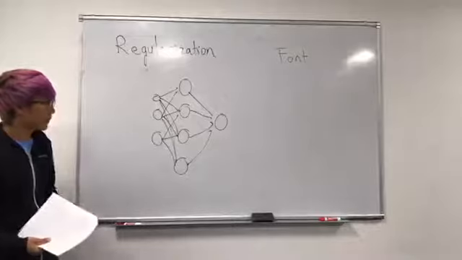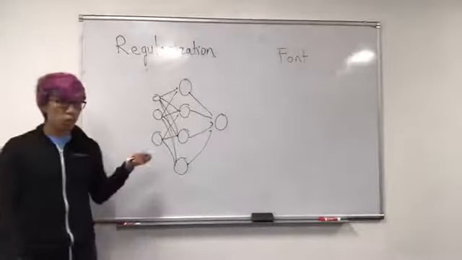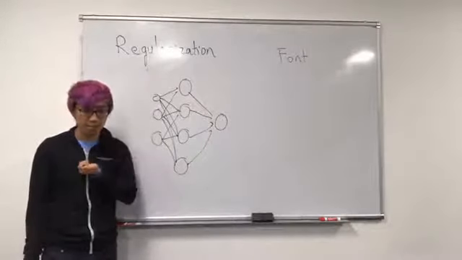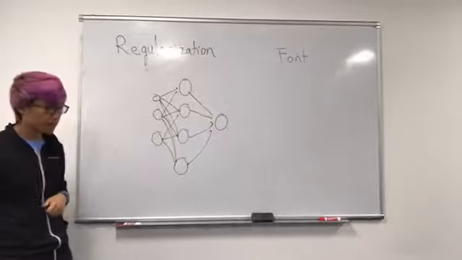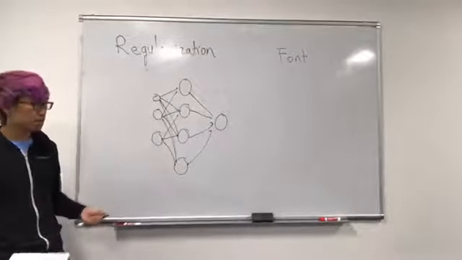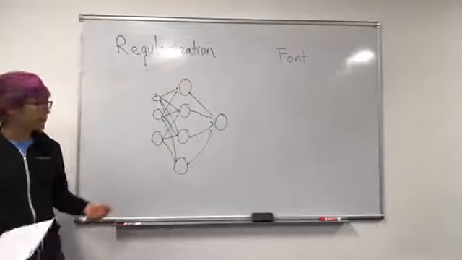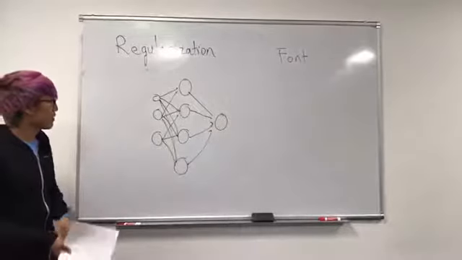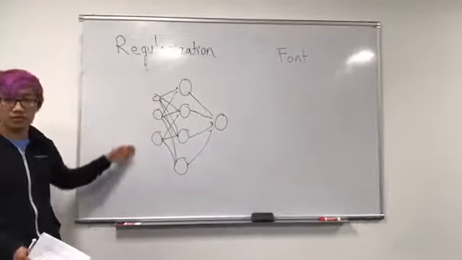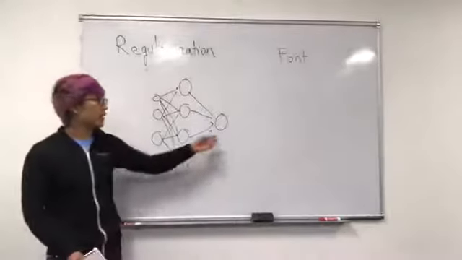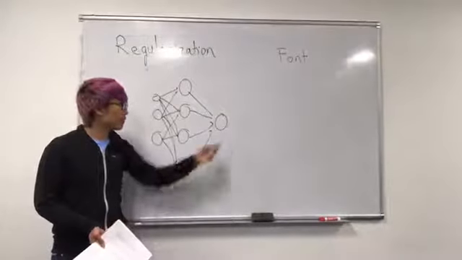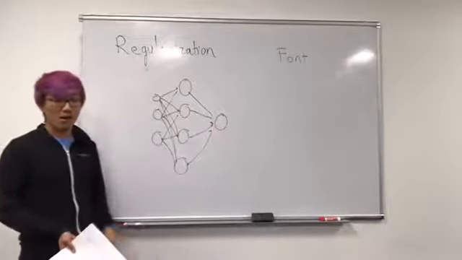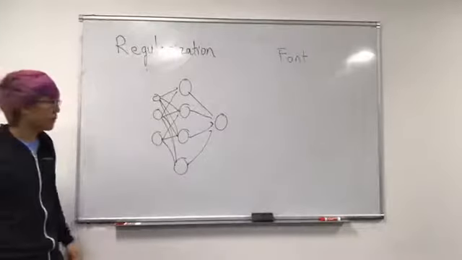So you can imagine, let's say we're trying to analyze some sort of housing data, okay? And then we have some inputs here, which is descriptions of the neighborhood, and we want to figure out what the cost of the house is going to be.